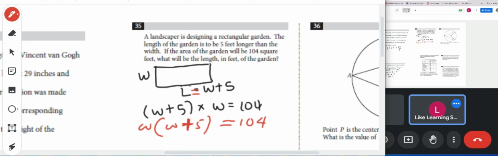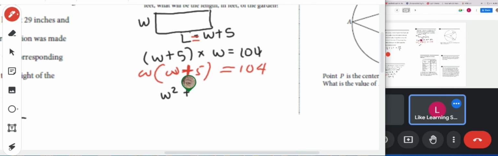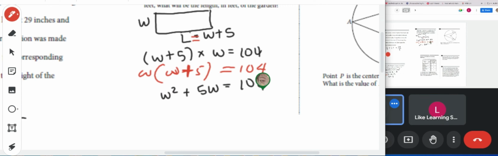I hope you know what to do. That's a quadratic equation.